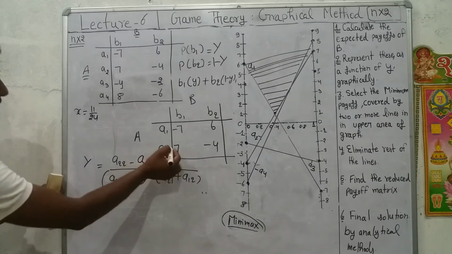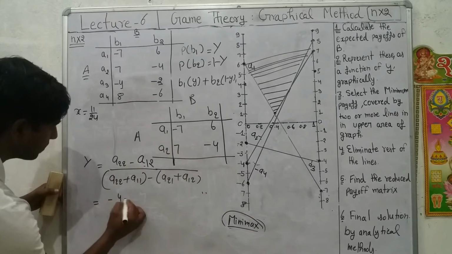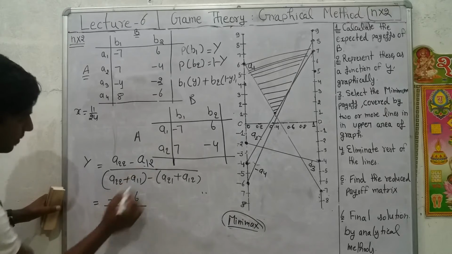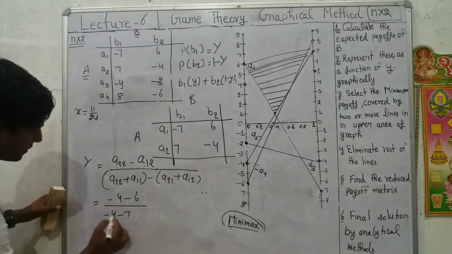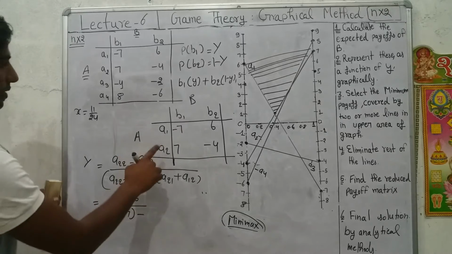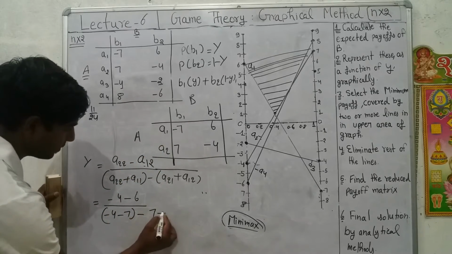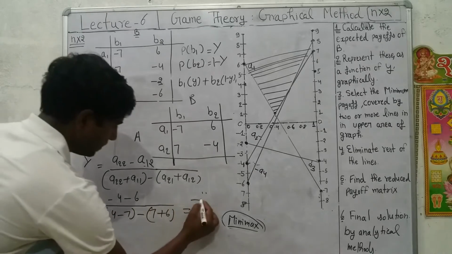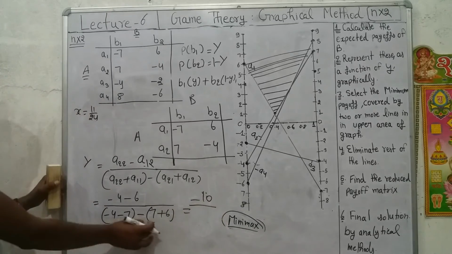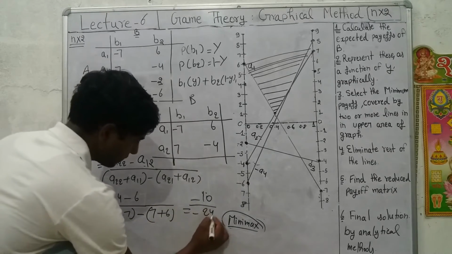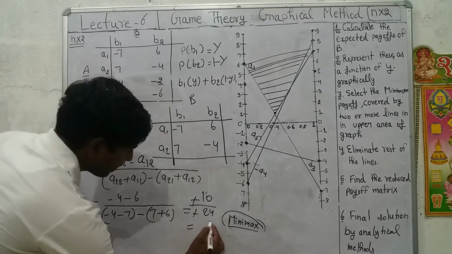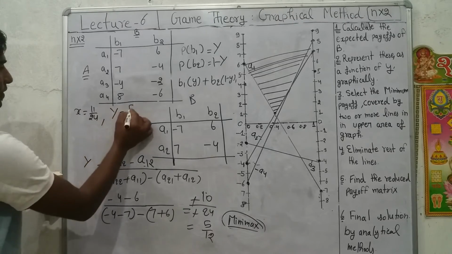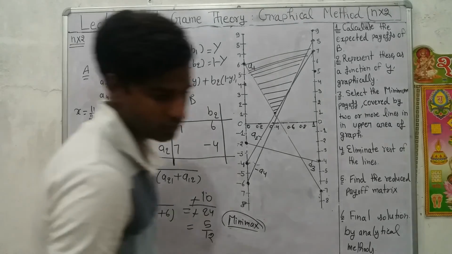So A22 minus A12, minus 4 minus 6, divided by minus 4 minus 7 minus 7 plus 6, that is equal to minus 10 divided by minus 11 minus 13, minus 24. So the value would be equal to 5 by 12. So the value of y would be equal to 5 by 12.